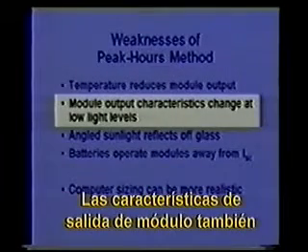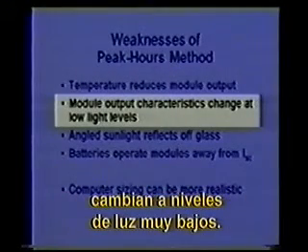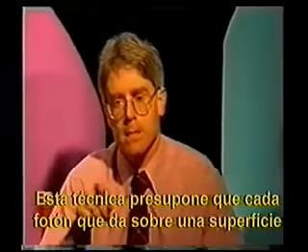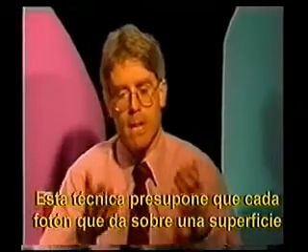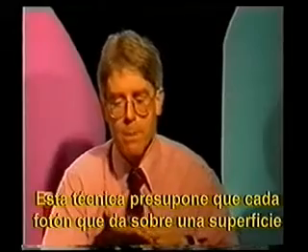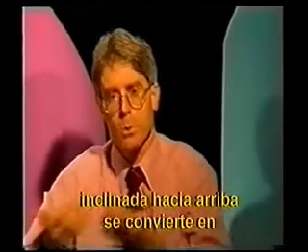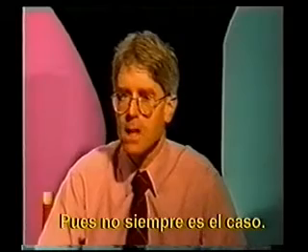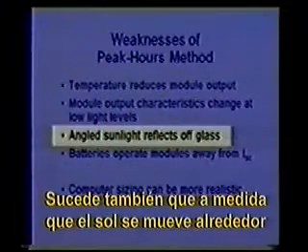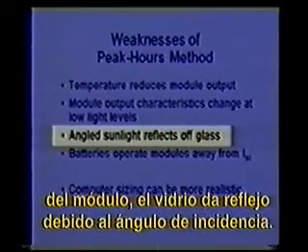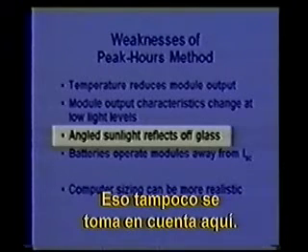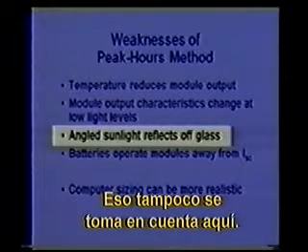Module output characteristics also change at very low light levels. Inherent in this technique is the assumption that every photon, every bit of irradiance that falls on a tilted surface turns into current flowing into a battery, and that's not always the case. Also, as the sun moves around a module, the angle of incidence causes reflection off of the glass, and that's not taken into account here either.